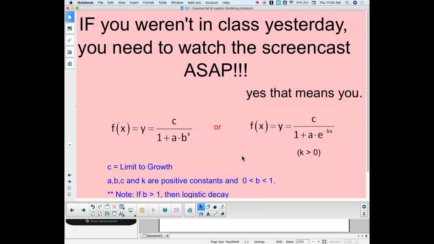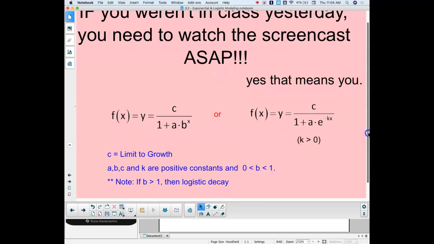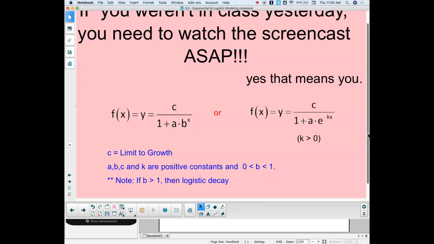Okay? So yesterday we were talking about logistic functions. We are focusing more on the left one for now, but we can use the right one also if we have it. But if we're developing our own, we're going to go with the right one, because we don't know how to find k yet in the e exponent.